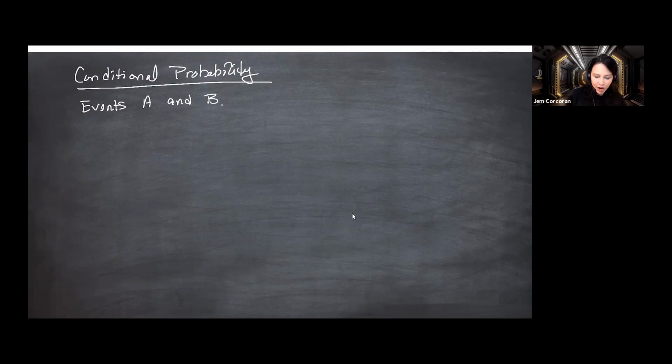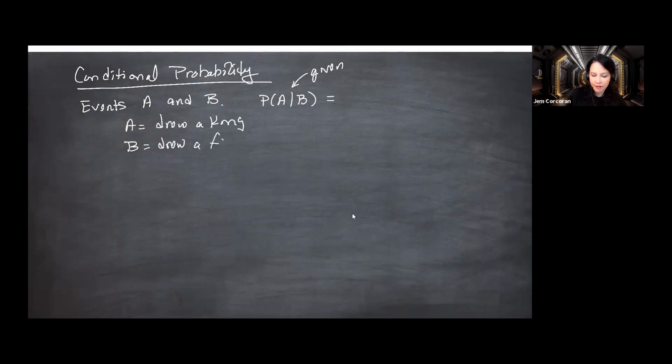Then the conditional probability that A occurs, given that B occurs, is written with this line. So this is given. And so again, A could be drew a king, and B drew a so-called face card.